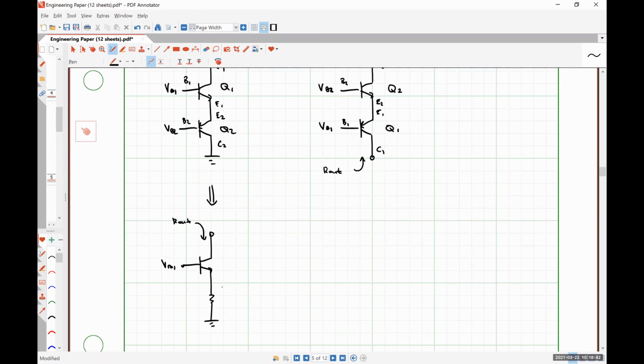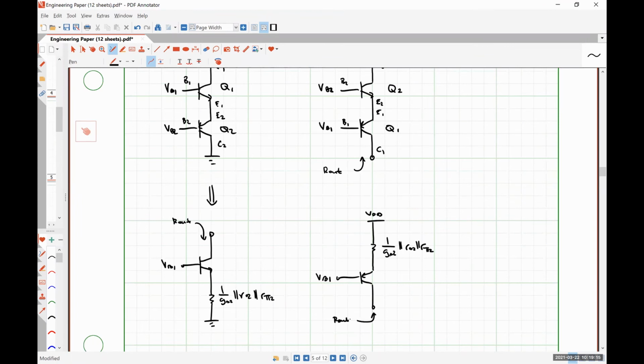Where here we have 1 over gm2 in parallel with ro2 in parallel with r pi 2 over here. Again, we have 1 over gm2 in parallel with ro2 in parallel with r pi 2. Here's VDD. Here's R out.